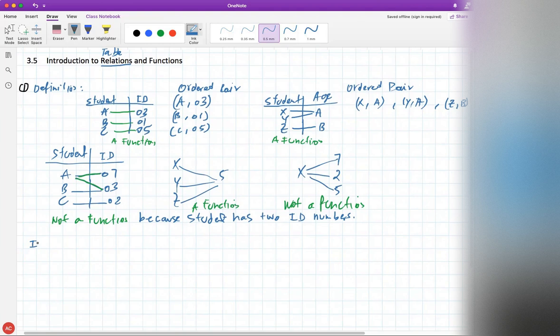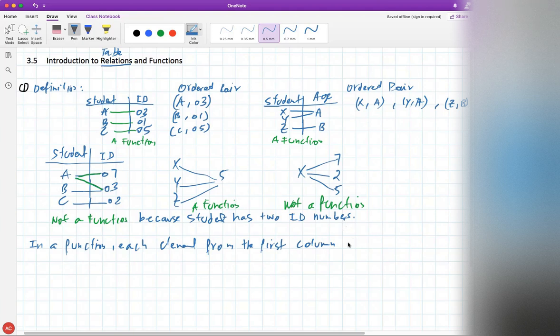In a function, each element from, for example, the first column is linked to one value or one element from the other column.